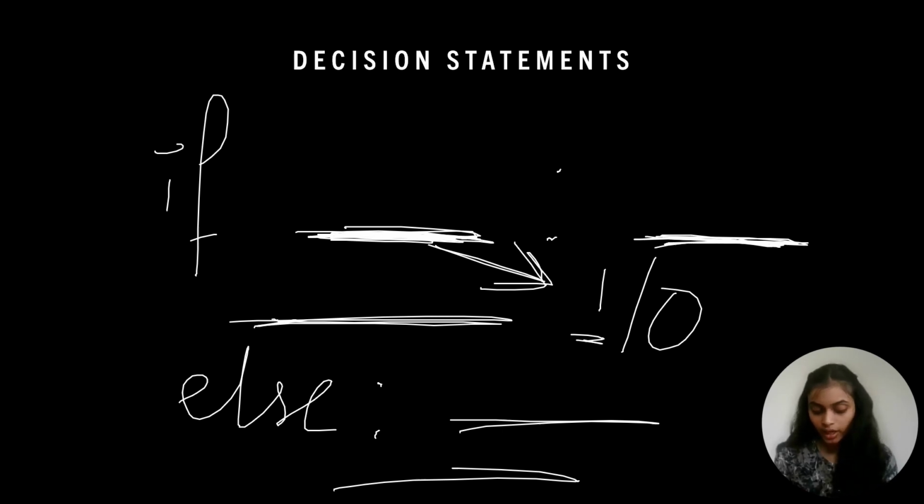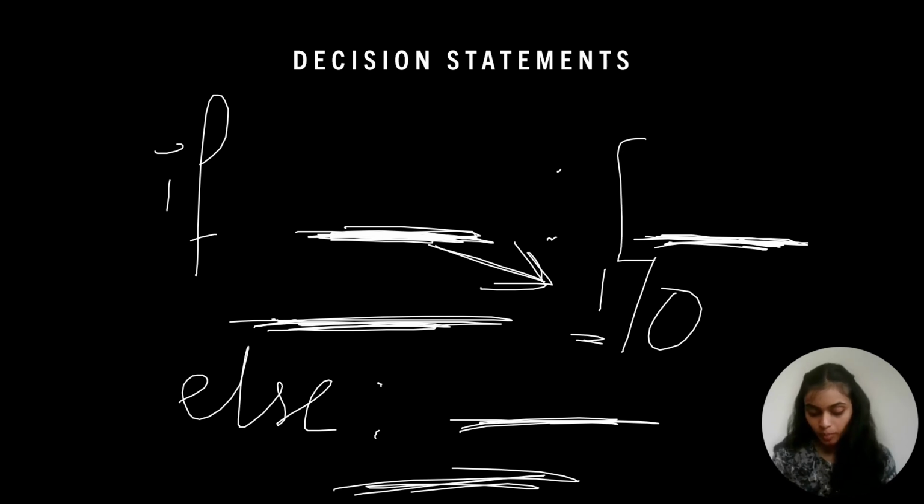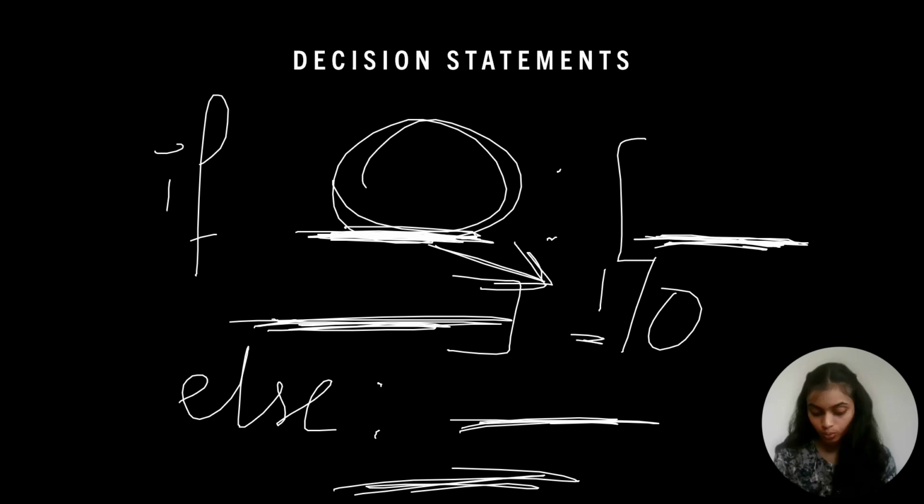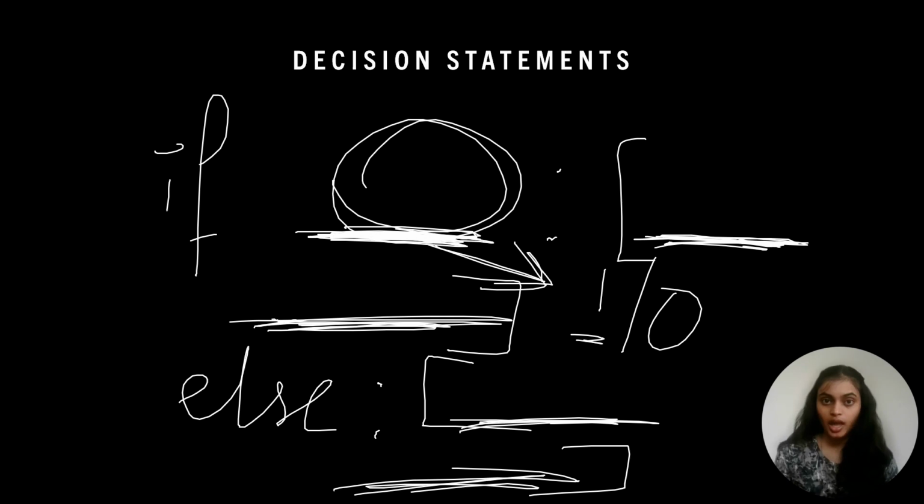Then we are not going to execute the statements inside if. We will be executing the else statements since the condition is false. We get into this part only if this condition is returning true. If it is returning false, we will be executing this part. We will be solving a few examples using if else and also nested if.